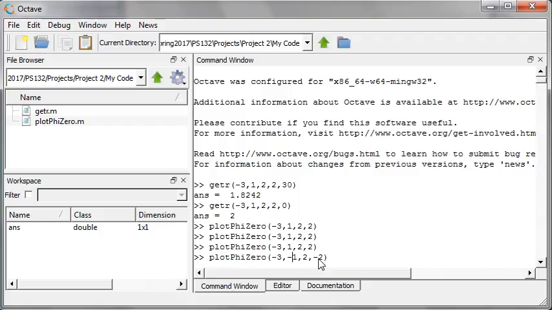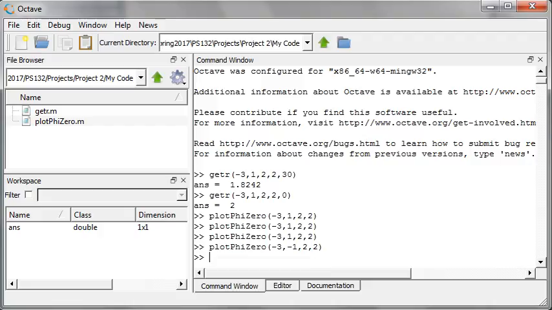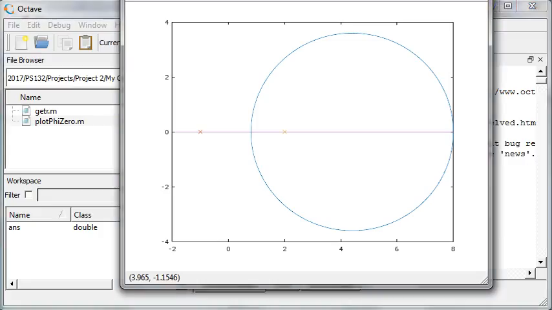Let's try just running that. And then I get this. There's where the y-axis should be, in my opinion. They always put it to the left and to the bottom, but I'll draw a line through there so it looks like a y-axis.